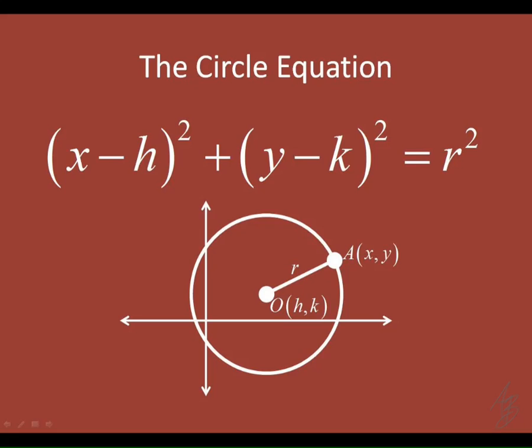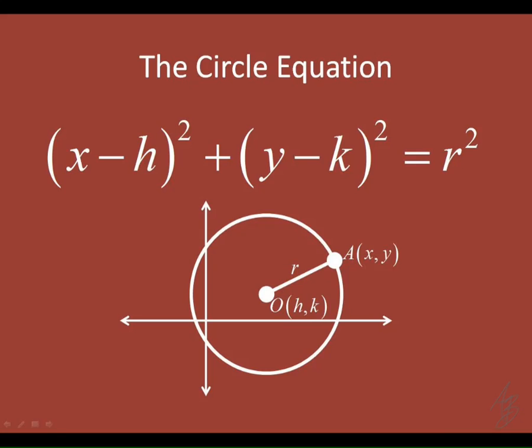And when we write the equation of a circle, again, we want to leave the x and the y in there, but we want to replace the h and the k and the r with the information from the picture. In this equation, what we have here is all of the information we need to know to represent all of the points on a circle.